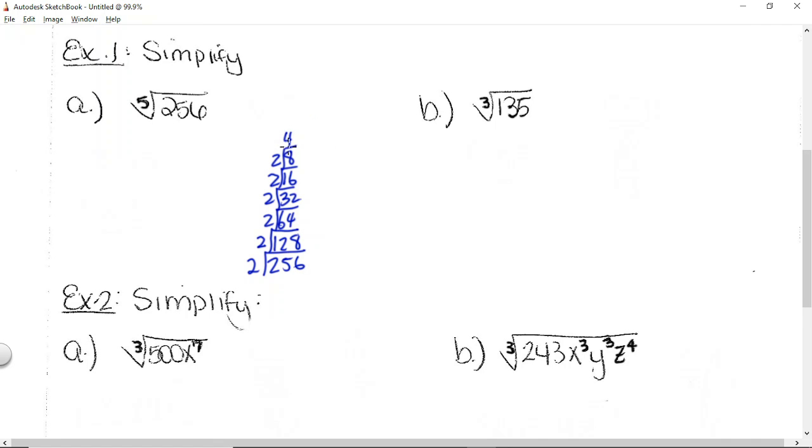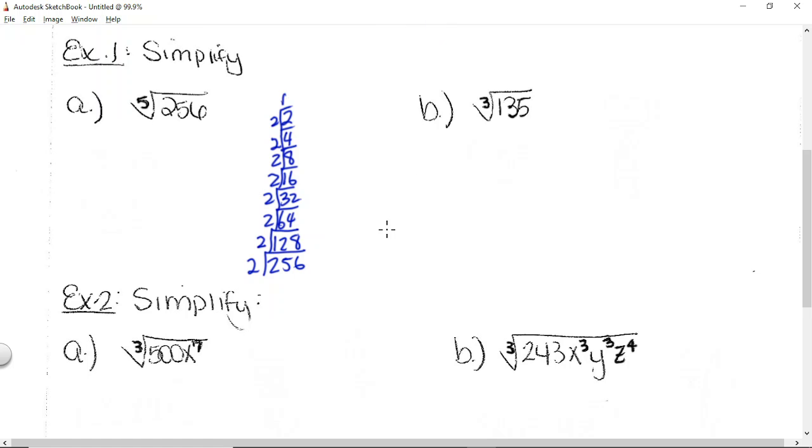And then 4, we might as well divide it by 2. Okay, and then that gives us 2. And just to complete the cake, we can divide that by 2 as well. And now we have 1 on top. So all these 2's down the side, they're all 2's.